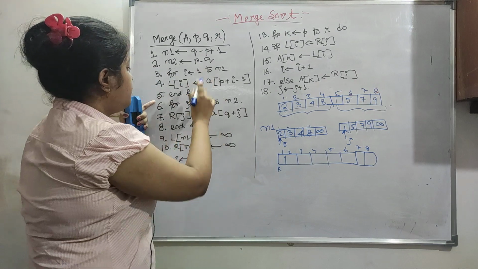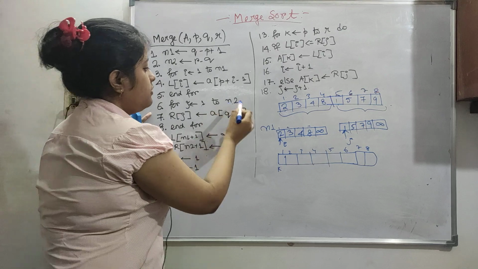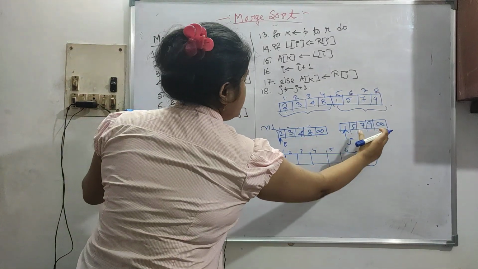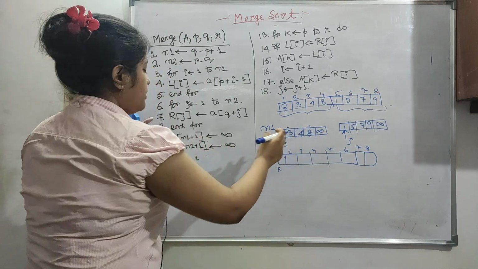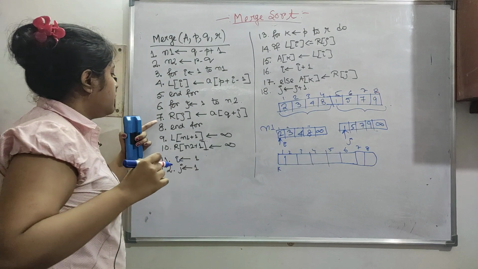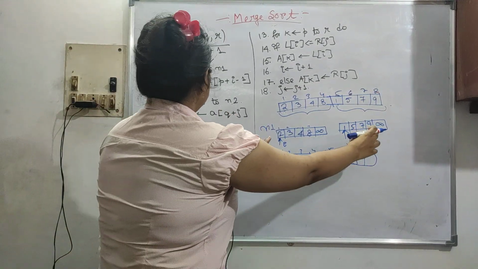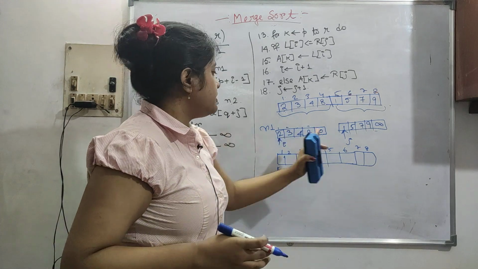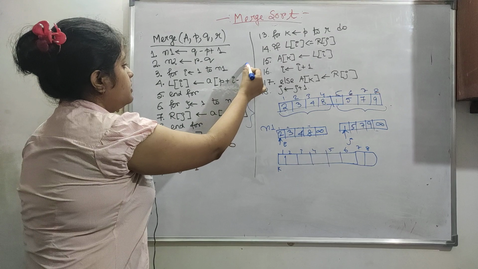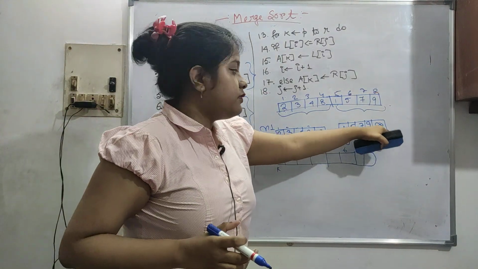Now for J equals 1 to N2, J will run from this to this, so it will run to N2. Later I will tell you why the infinity is added. So Rj will contain A[Q plus J]. End for, this is another for loop: this for loop is for the left sublist, and this for loop is for the right sublist.